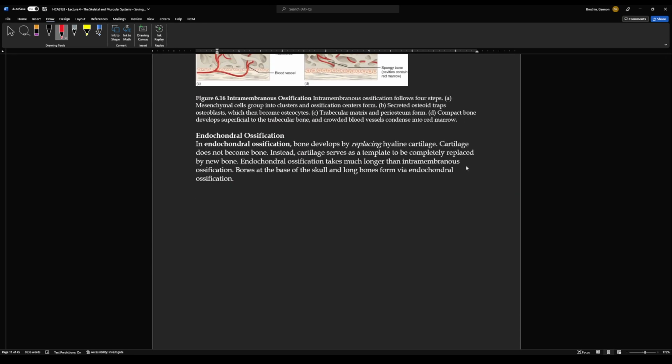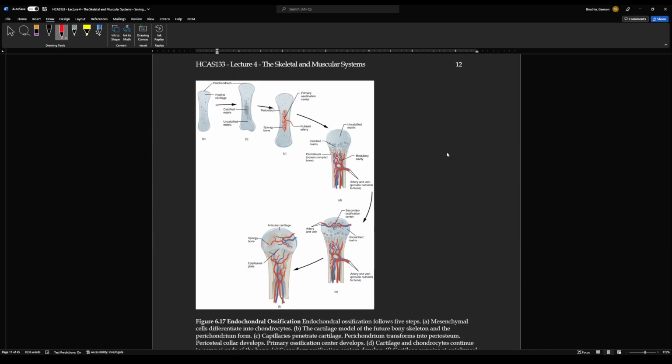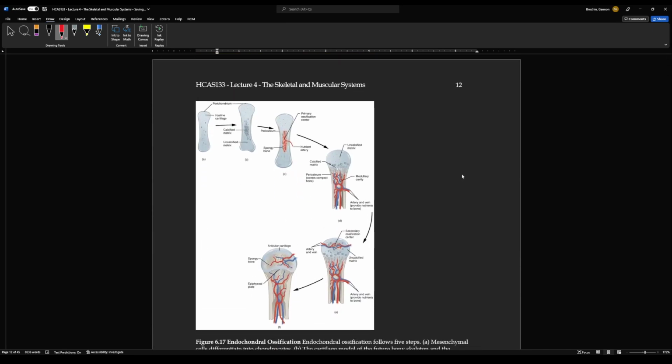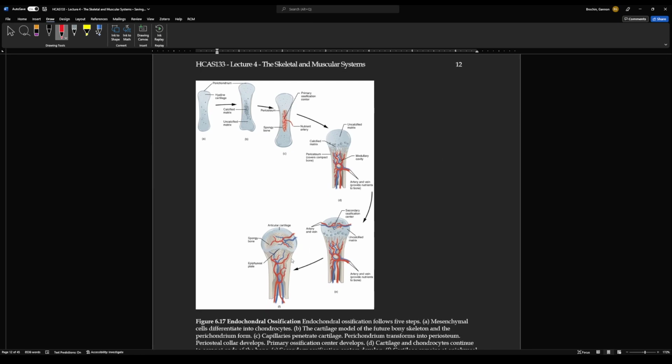So with that, then we have enchondral ossification, and this is the very typical long bone style. So you have the epiphyseal plate growing, and that's the growth plate, right? So as a kid gets taller, their bone is slowly replacing the epiphyseal plate.